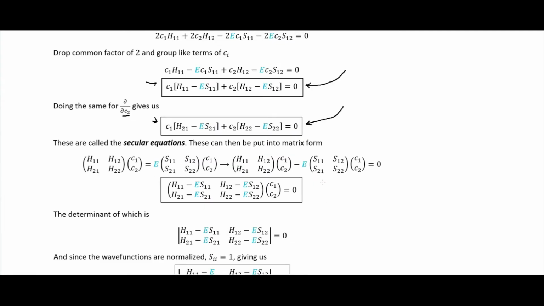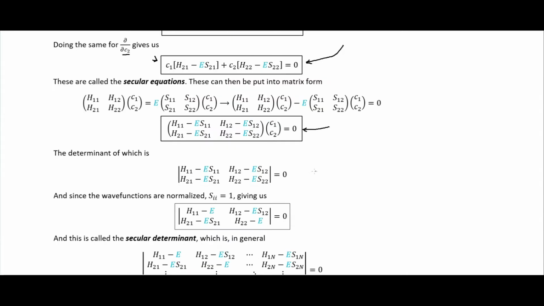These can be put into this matrix form like this. The determinant of which would be that, but we have that the wave functions are normalized, so these S11 and S22 here are just 1. And so we end up with this as our secular determinant.